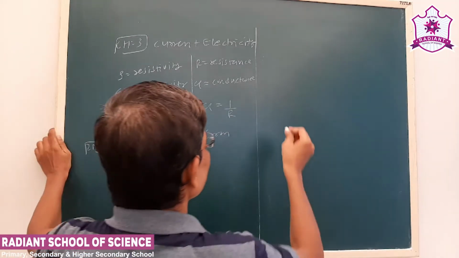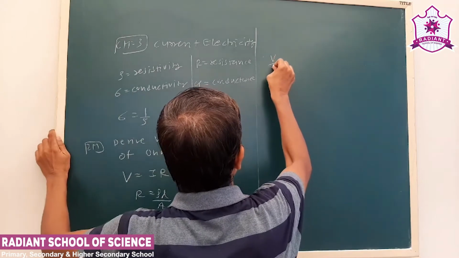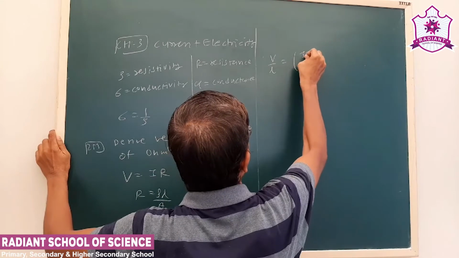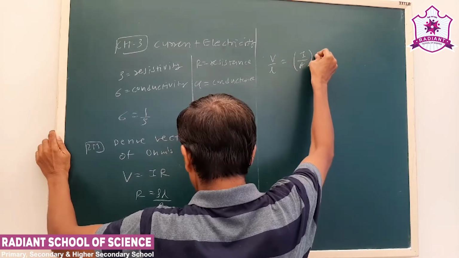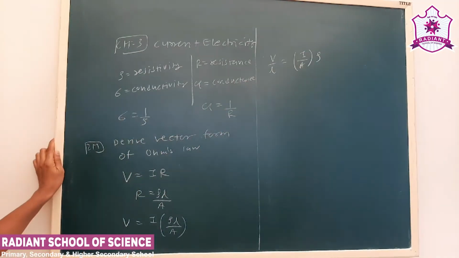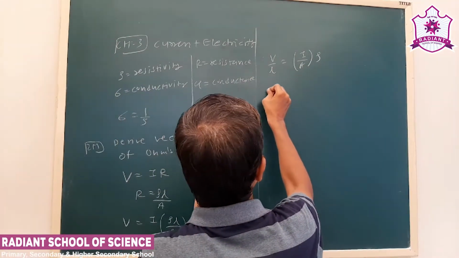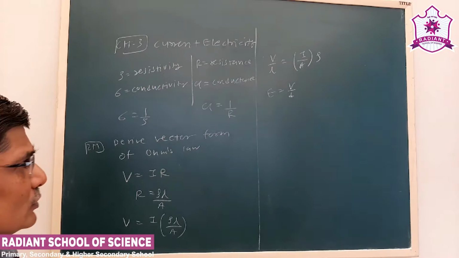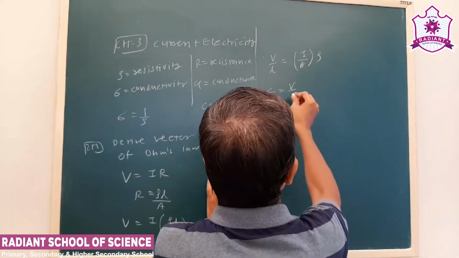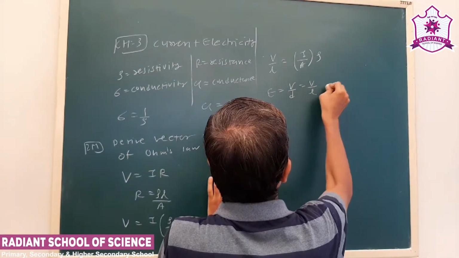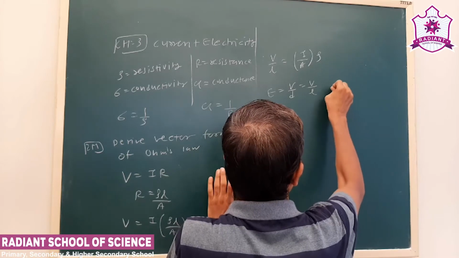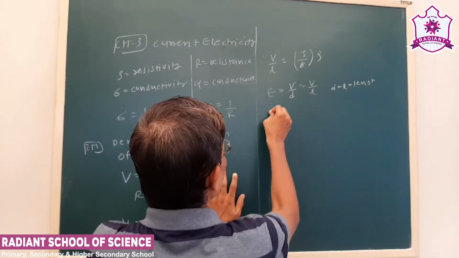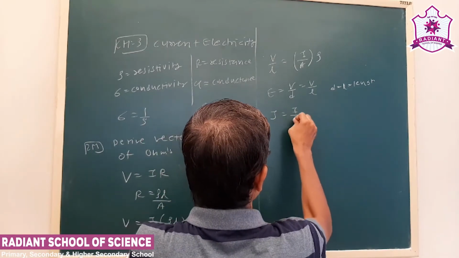Now V by L is I upon A into rho. Now see, V by L, see, if we studied like this, E is equal to V by D, volt per meter. Okay, so here D is nothing but length, distance or a length, and see, current density J is I by A.